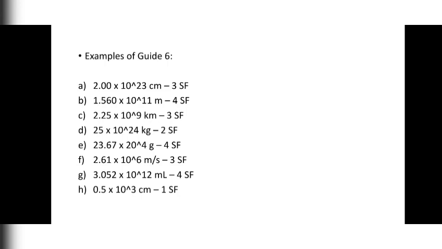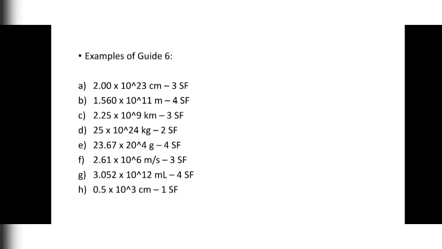For letter E, we have 23.67. There are 4 digits over there, so it's going to be counted as 4 significant figures. For letter F, we have 2.61 times 10 raised to the power of 6, which is 3 significant figures. For G, we have 3.052.